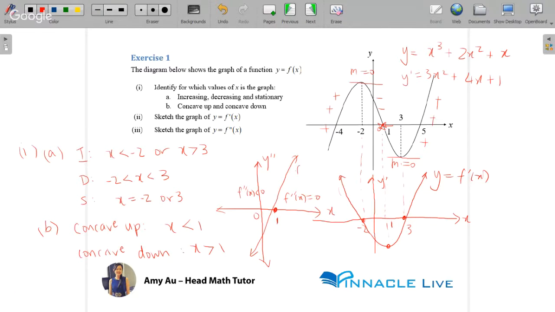Negative, and then on the right side, the second derivative is positive because it's concave up. So you can see I drew a straight line because if you differentiate a quadratic, you'll get a straight line on the second derivative. So that's roughly the shape, and 1 is the inflection point, so that's when the second derivative goes to 0.